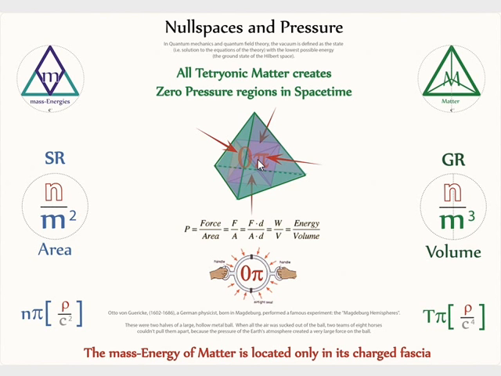And as tetrons form larger and larger mass matter geometries, the matter geometry with its null space in between increases the strength of the gravity that it creates. So the larger the mass matter, the stronger the gravitational force created by it.